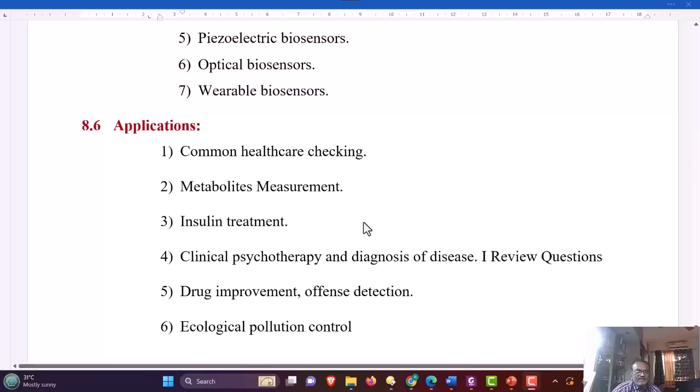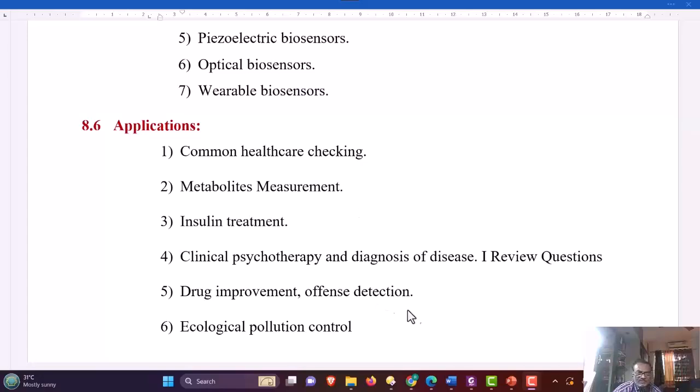Various applications of the biosensors: in common healthcare checking areas the biosensors are used, and for metabolic measurement, various metabolic parameters can be measured using biosensors. For example, biosensors can be used for measurement of insulin quantity and in insulin treatment areas.